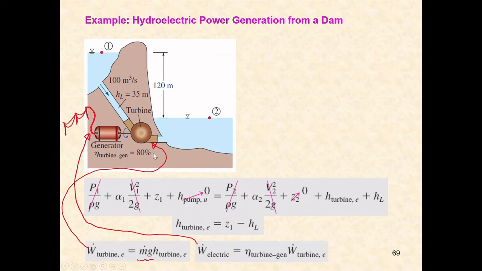So there is some efficiency in the energy conversion from the water to the shaft by the turbine, and also some efficiency by the generator, which converts the shaft work to electrical energy. These two combined give us this efficiency of turbine generator, which is 80%.